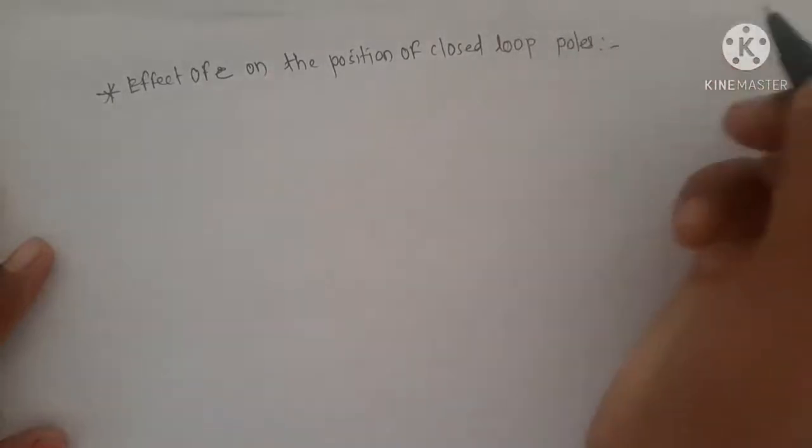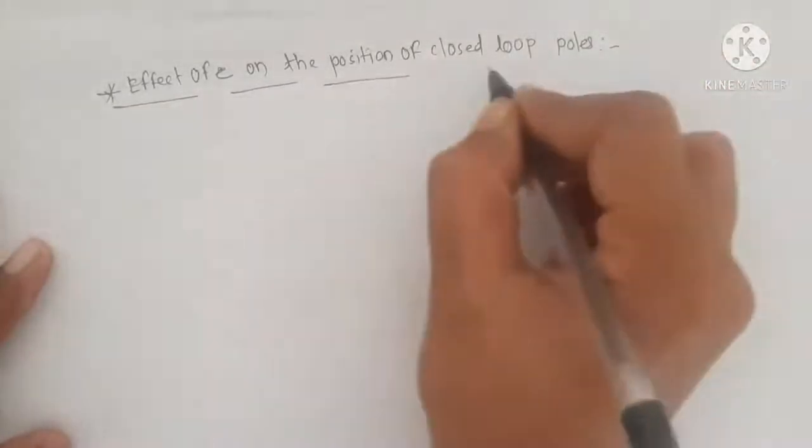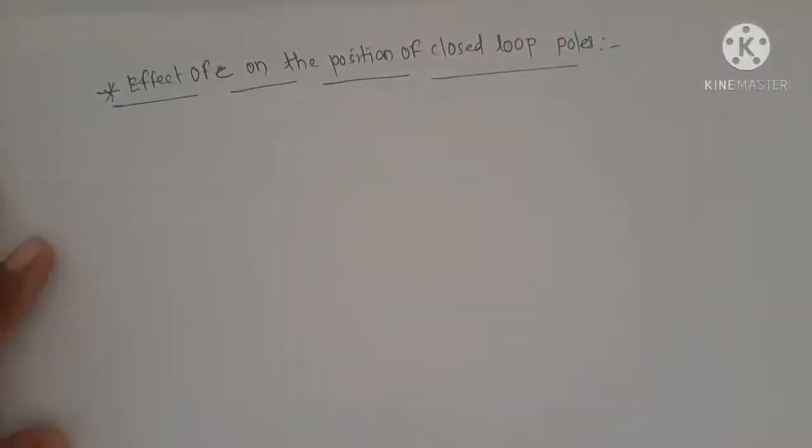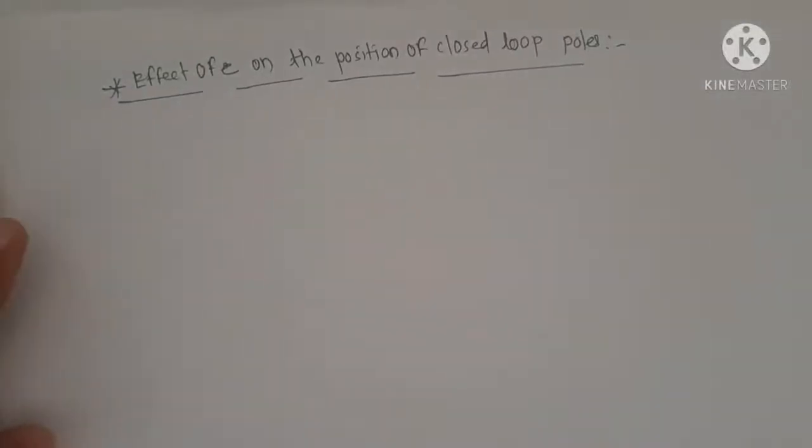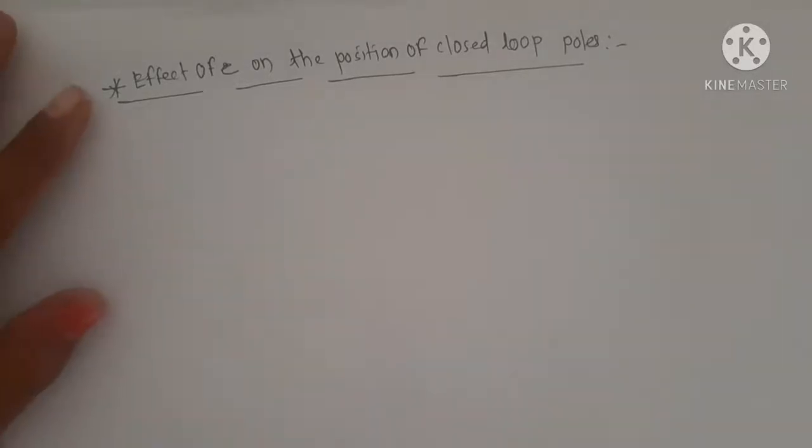So we know how poles are obtained. In the very first lecture we have seen that to obtain poles we have to equate the denominator to 0, and to obtain the zeros we have to equate the numerator value to 0.